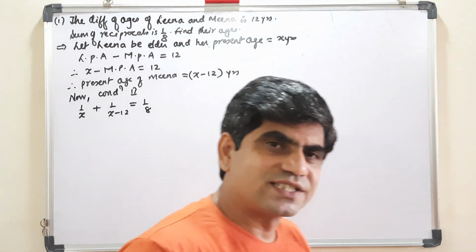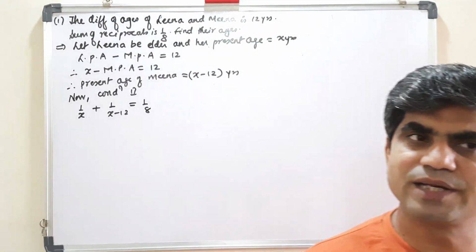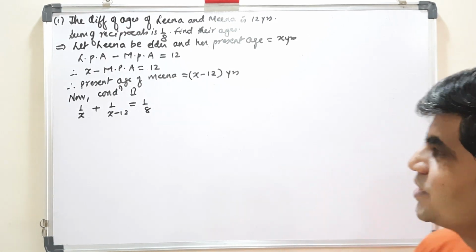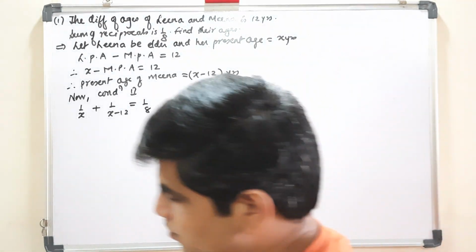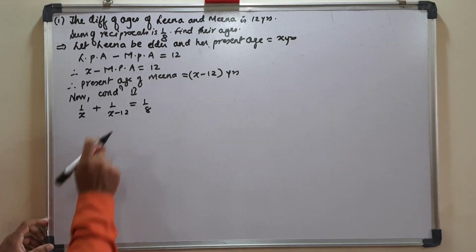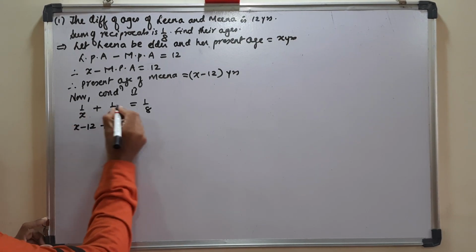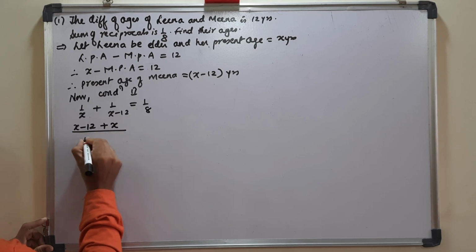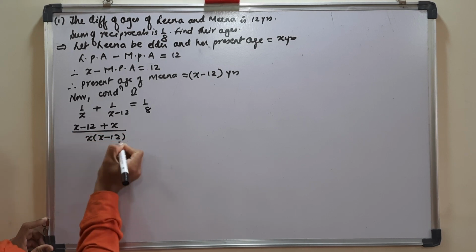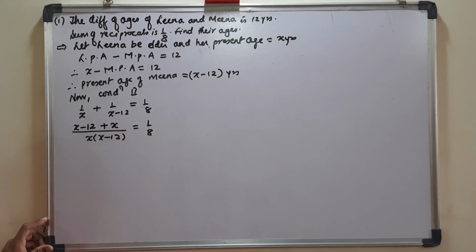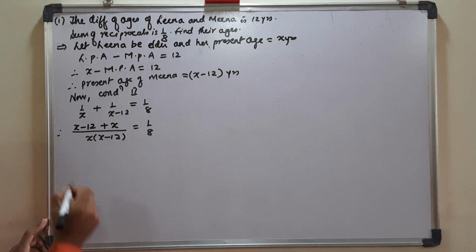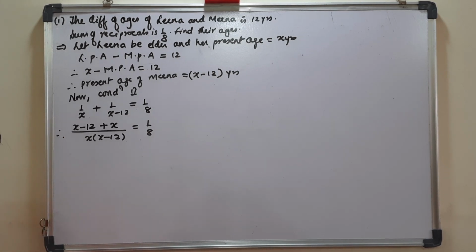That means everything is done. Now only the part of simplification remains. Only simplification. So I will just cross multiply it to make the denominator the same. This gives x minus 12 plus x upon x into x minus 12 is equal to 1 by 8. Now, first in the numerator I search for like terms.